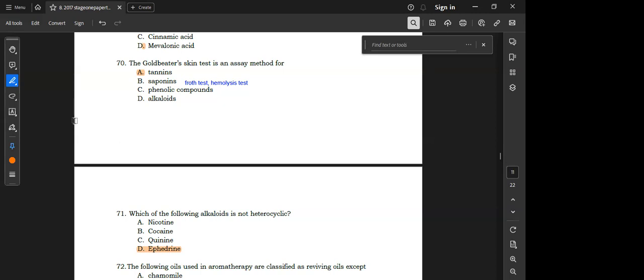The pyrrolidine will have nicotine. The quinoline will have cinchona, the quinine and the quinidine. The isoquinoline will have the likes of morphine. The tropane, we have atropine. The purine will have caffeine.